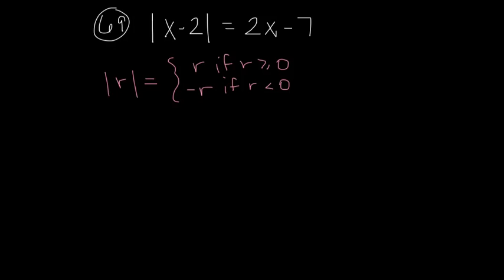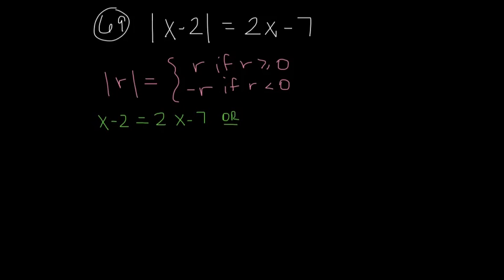Taking both of these ideas into account, we can use those definitions to set up our two equations. We can start by saying that what is inside the absolute value is exactly equal to what's outside. So that would tell us that the x minus 2, what's inside, is exactly equal to what's outside, 2x minus 7.